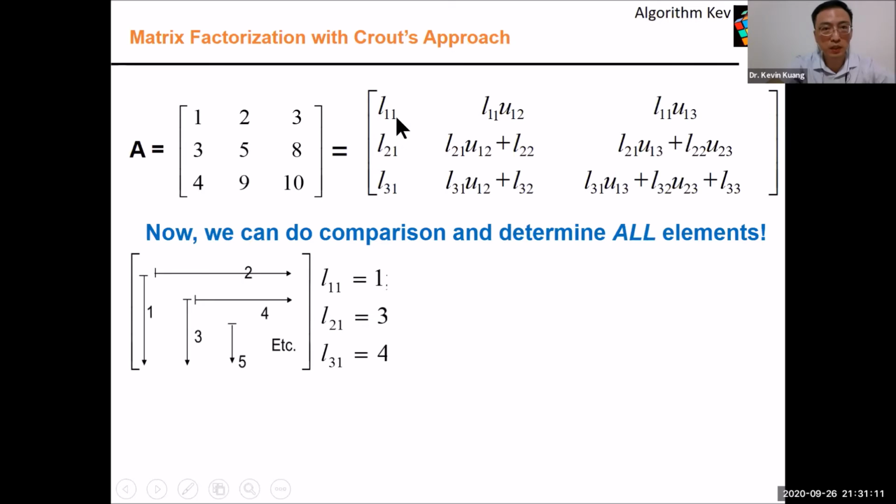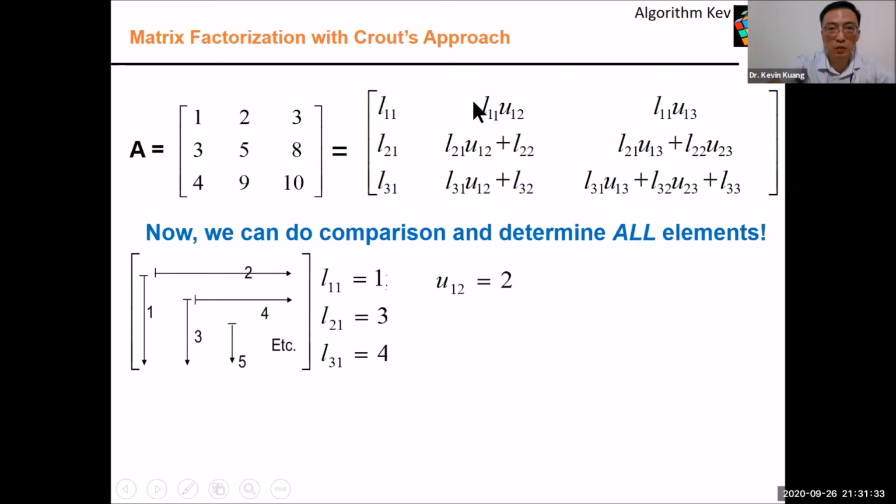So immediately by comparison, we will be able to determine the values of L11, L21, and L31. And the values are as such by simply comparing to the original matrix A. Knowing these values, we will then be able to calculate U12.